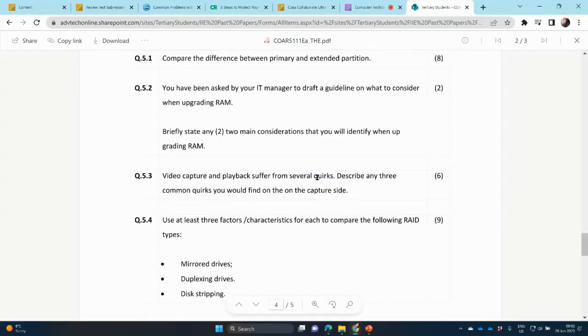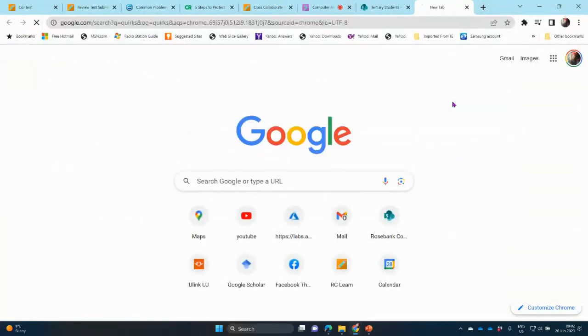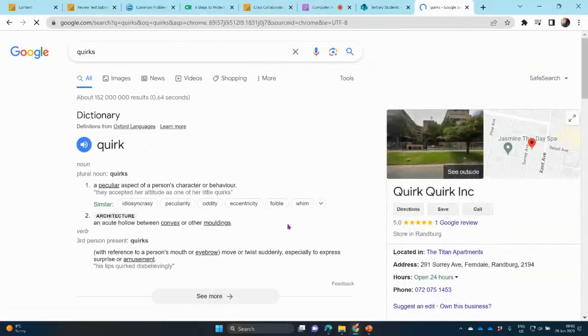Several quirks. If I don't know what a quirk is, then I'll highlight it, but this is not allowing me to look it up. But I can just type in quirks. And it gives me a peculiar aspect of a person's characteristic or behavior.